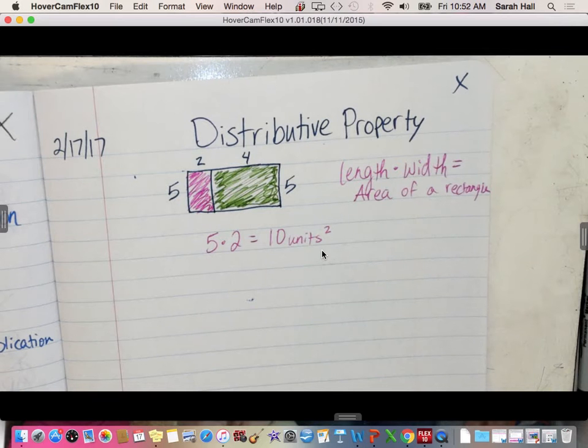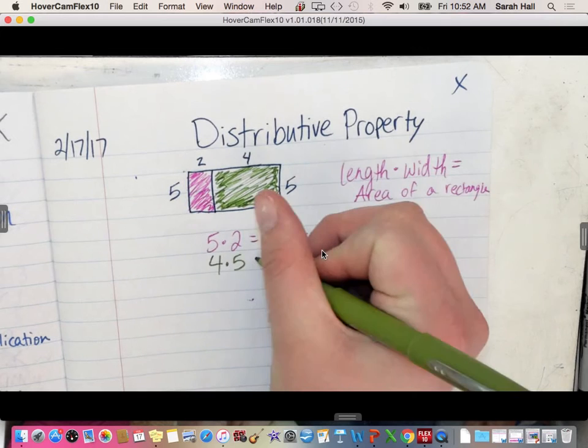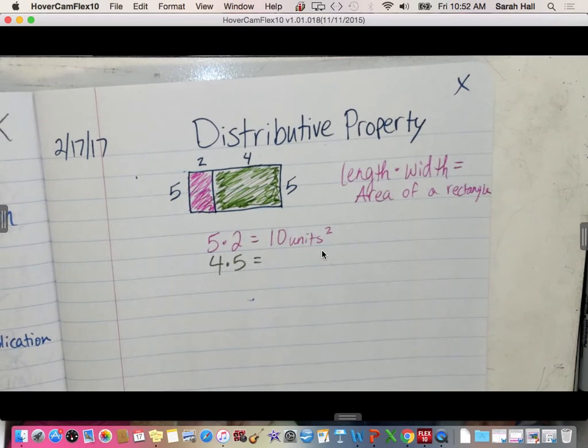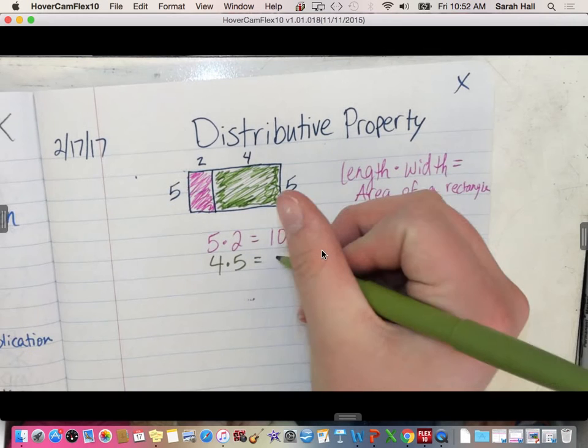Kevin G? Why wasn't your hand up then? So what would the area be, Kevin S? 20 units squared.